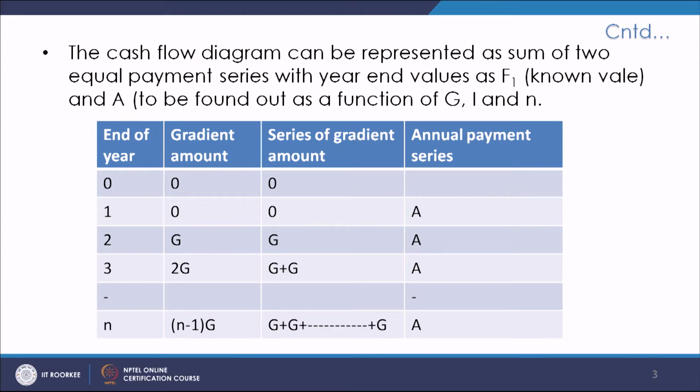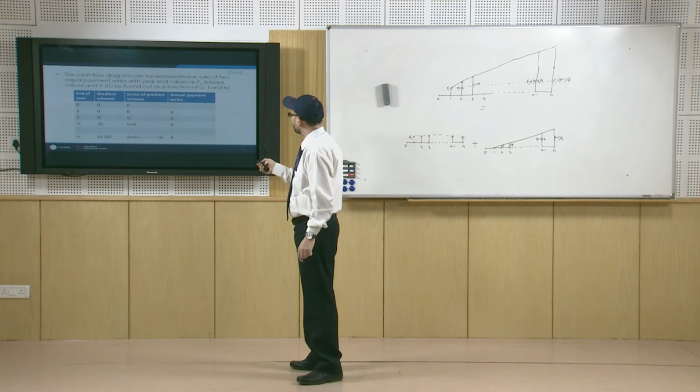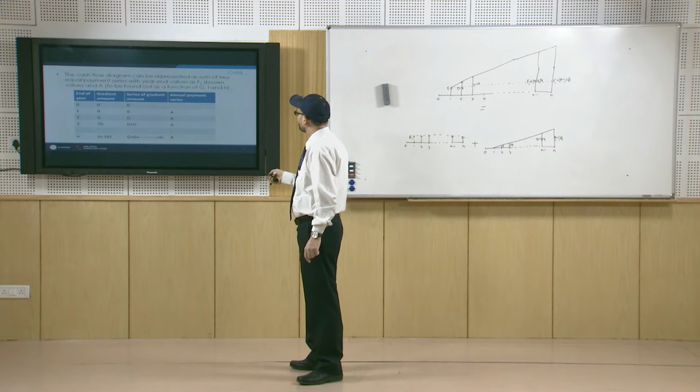Now, this is the end of year 0, 1, 2 to n, and this is the gradient amount as we have seen. In the first year it is 0, in the second year it is g, in the third year it is 2g. This way, in the nth year it is n minus 1 into g. Now, this has to be represented by one annual payment series.